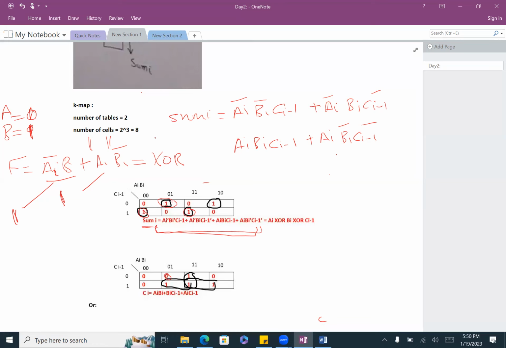And that's why, if you look at this circuit, with A_i, B_i, and C_i minus 1, do we have another A_i, B_i bar? Let's see. Maybe here it's easier. A_i, B_i, C_i minus 1.